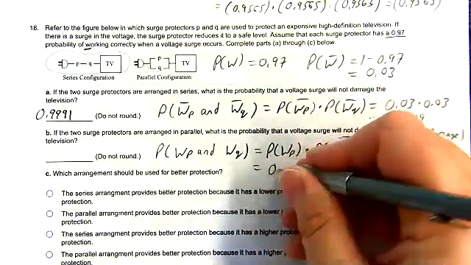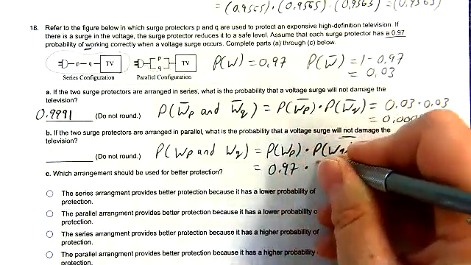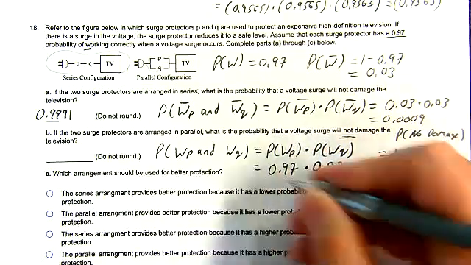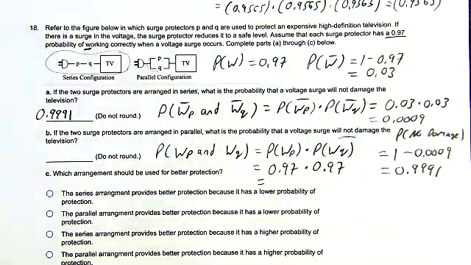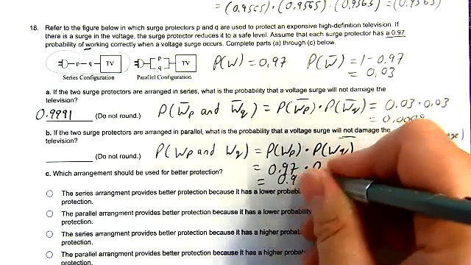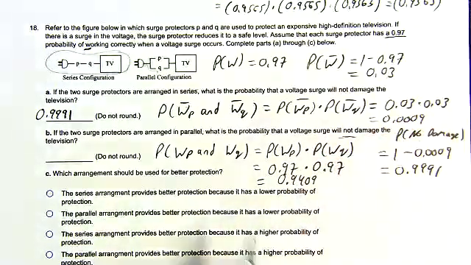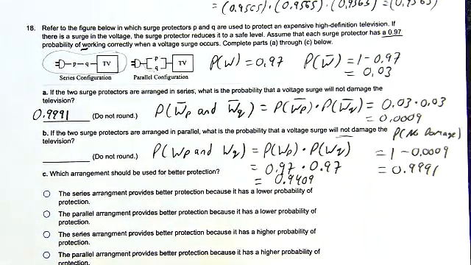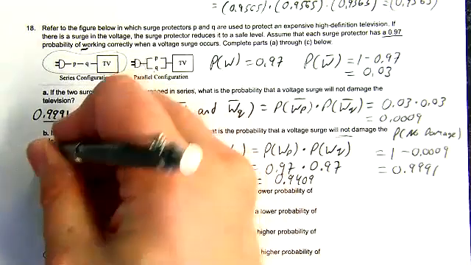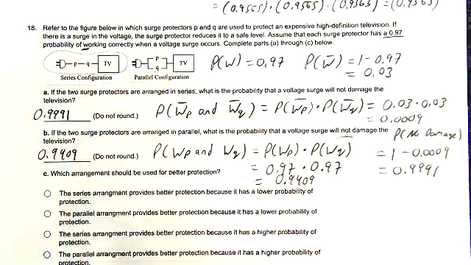And this would just be 0.97 times 0.97. And this one's a lot simpler, 0.9409. So for this one, you just need them both to work. You don't have to do this complement at the end.